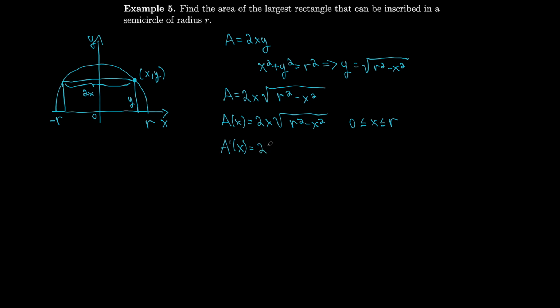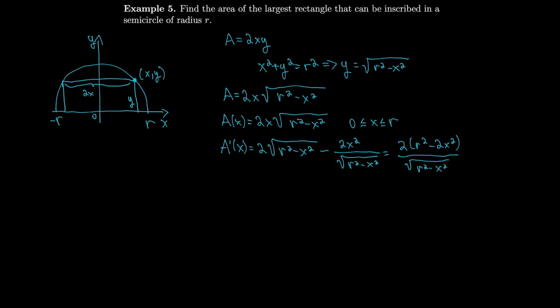Let's take our derivative. So we get 2 times the square root of r squared minus x squared minus 2x squared over the square root of r squared minus x squared. We can simplify that and get 2 times r squared minus 2x squared all over the square root of r squared minus x squared.